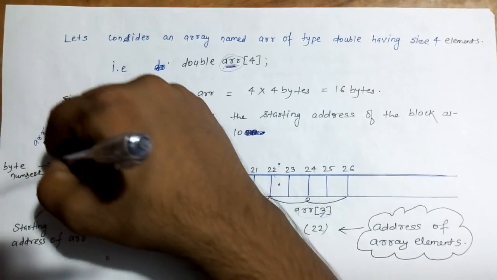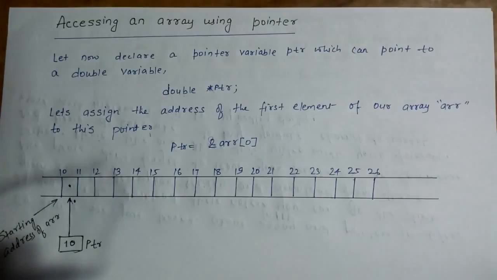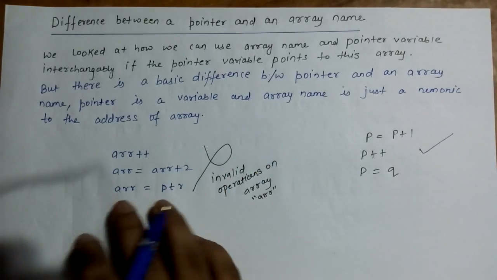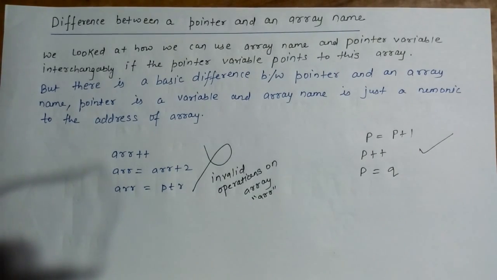It will always point to this address only, that is the starting address of the array. arr will always represent the starting address of the array. It can't be changed. You can't do arr = arr + 2, and you can't assign arr to any pointer as well. You must remember that arr will only represent the starting address of the array and nothing else.